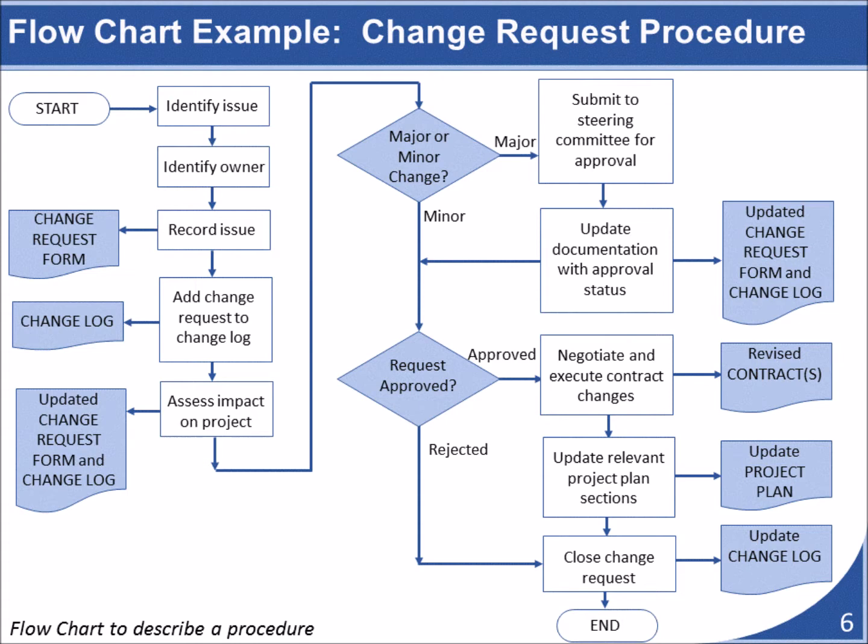In this case, the process is shown as a flowchart, which shows the high-level steps involved in the process. As you can see, a process is very useful in understanding the overall workflow that is associated with a policy. However, on its own, a process does not provide enough detail to actually complete a change request for the project. For this, we'll need additional details that can be found in the procedure.